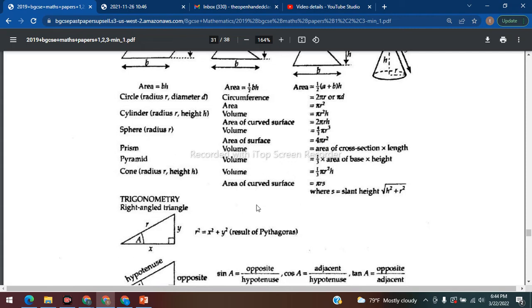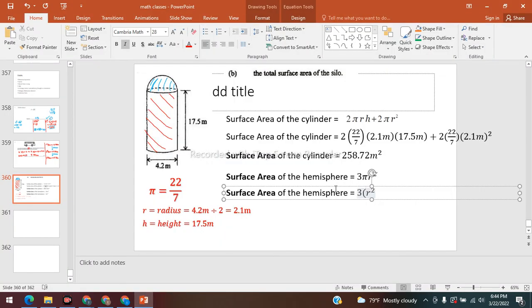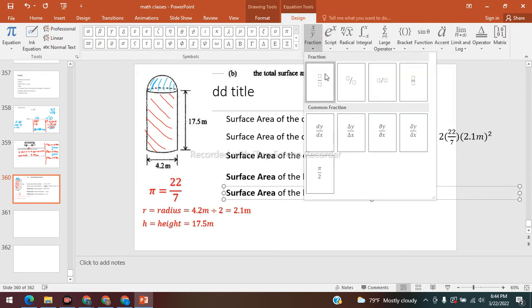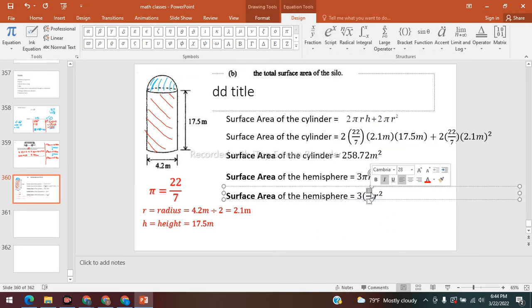So the surface area of the hemisphere is going to be 3 times 22 over 7 multiplied by r squared, where r is simply 2.1 meters.